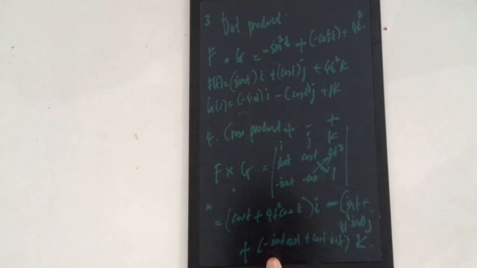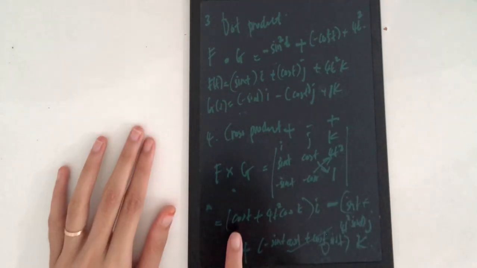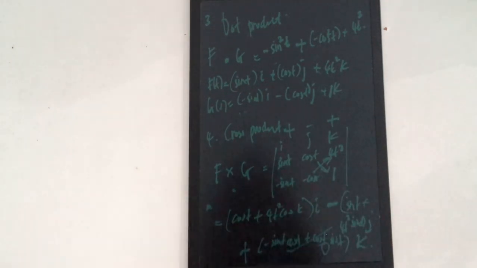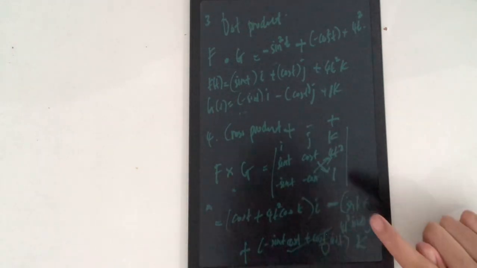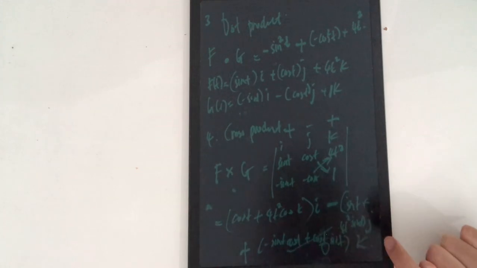So you can see, this one negative sin t cos t, this one is cos t sin t. It's similar but different sign, so it will be 0. So the answer will be cos t plus 4t square cos t i minus sin t plus 4t square sin t j.